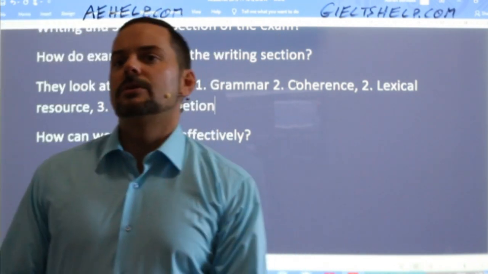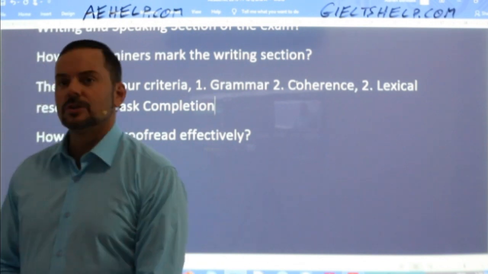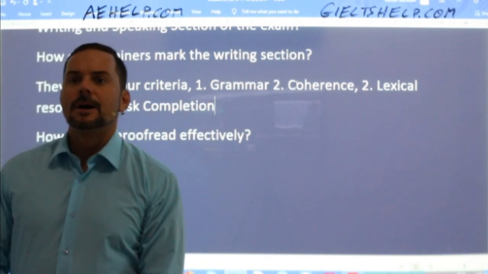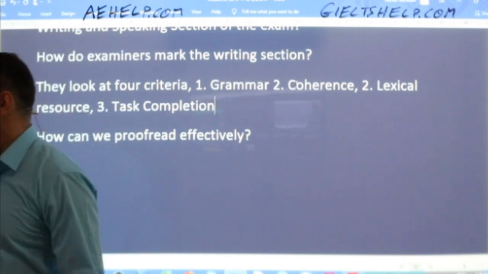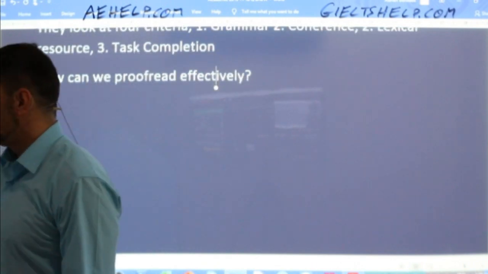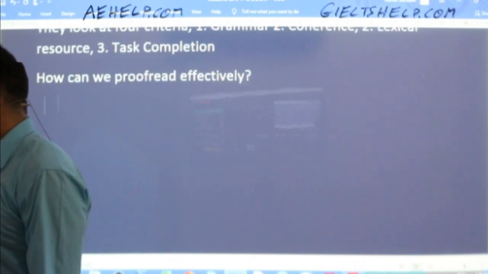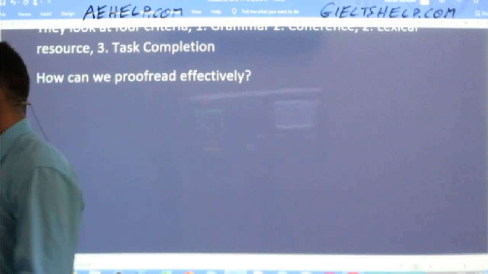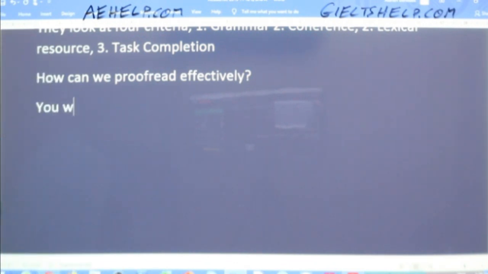Okay, let's go to Hassan's question. So Hassan says, how can we proofread effectively? That's a really good question. Okay, so let's give that context, Hassan. So you write a task 2, or let's make it personal. I write a task 2 essay.